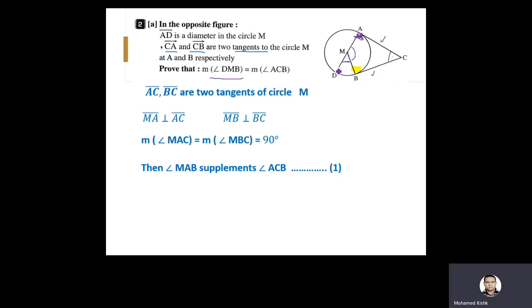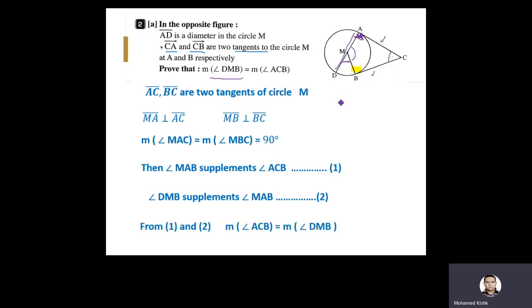And from this line, A and D, we can discover that angle B and angle D are supplementary also. And we have C supplements A and B, and D supplements A and B. They are supplements of the same angle, so they are equal in measure. Okay.